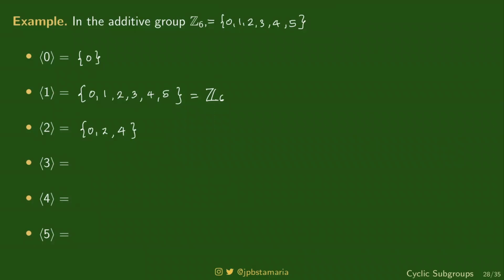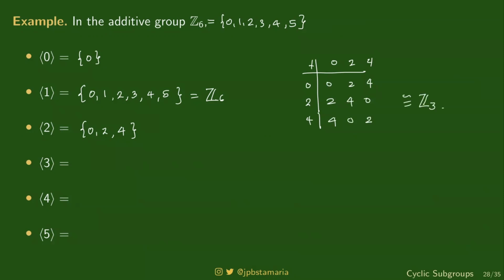In fact, ang inverse ng 2 ay si 4. Ang inverse ng 4 ay si 2. Kaya ito'y sarado na talaga. Ito'y subgroup na. In fact, you can get a table for this subgroup 0, 2, 4. You will see that this is indeed a subgroup. And this subgroup is once again isomorphic to Z sub 3.